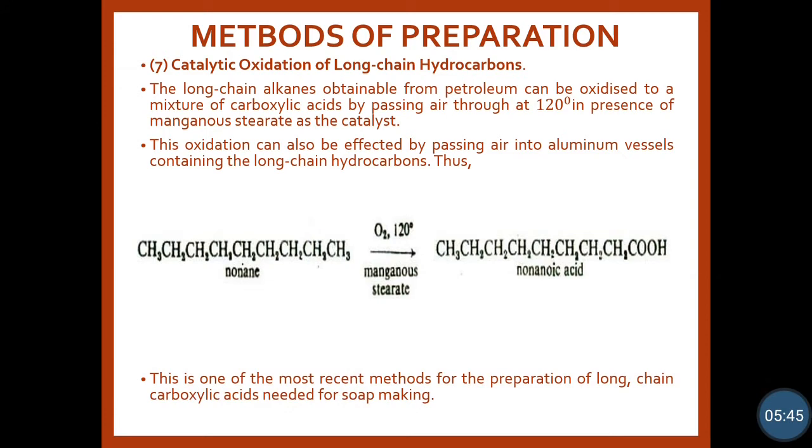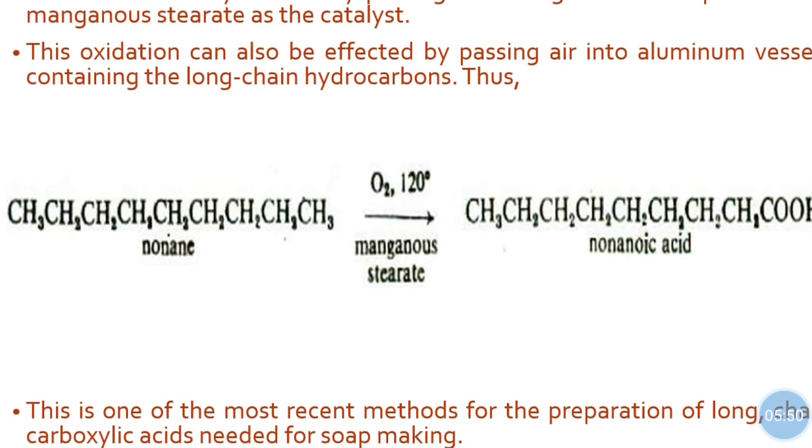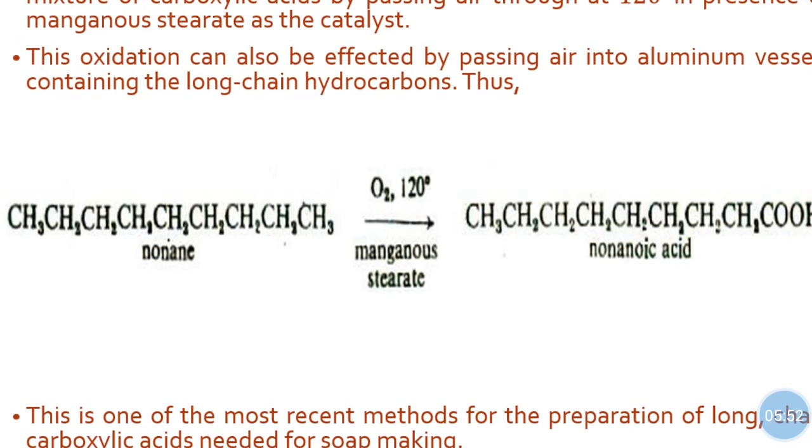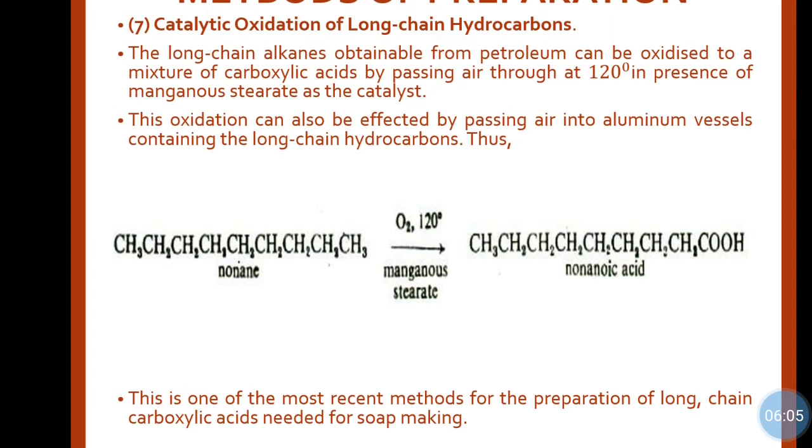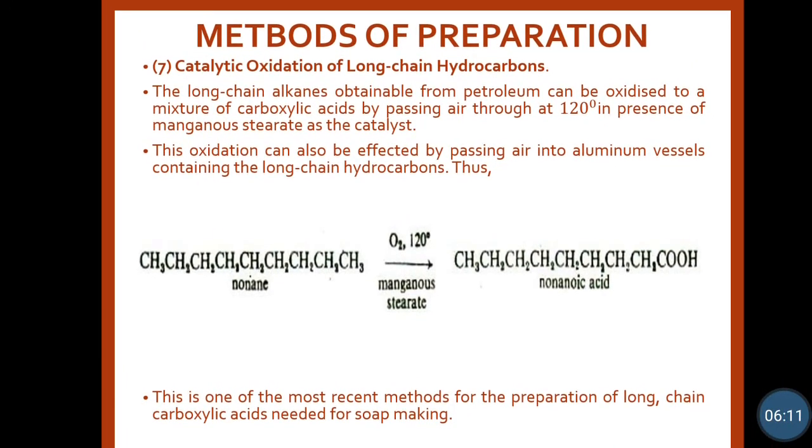A reaction example is nonane, which under the action of oxygen at 120 degrees with manganese stearate will give nonanoic acid. This is one of the most recent methods for the preparation of long chain carboxylic acids for soap making.